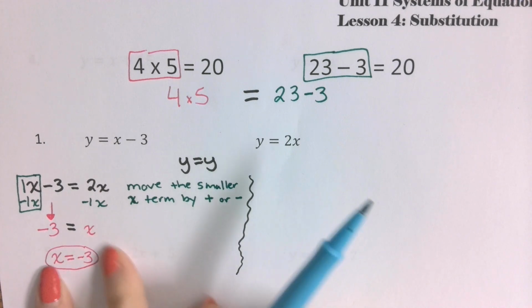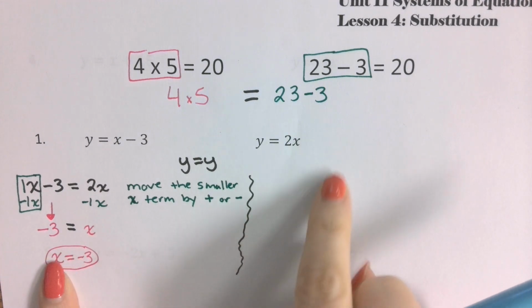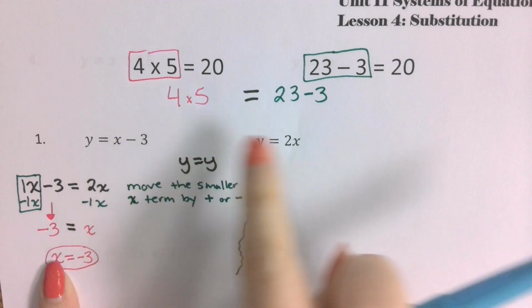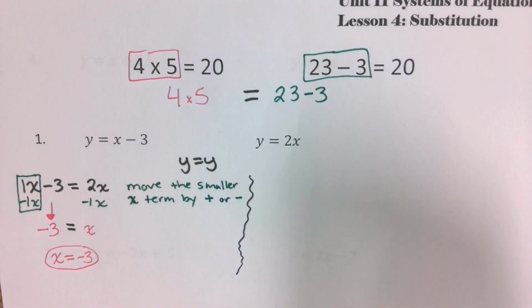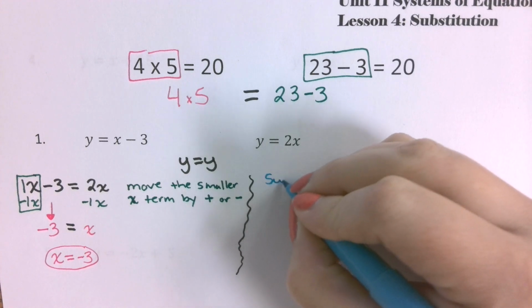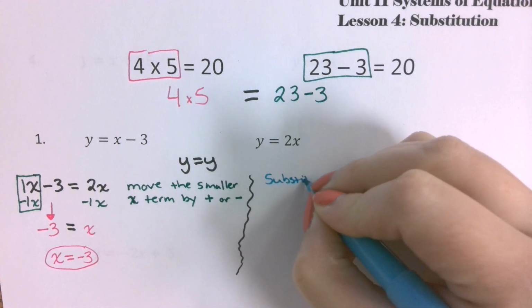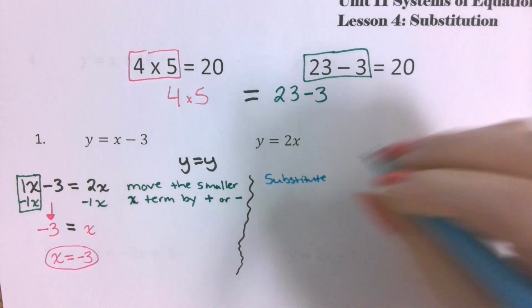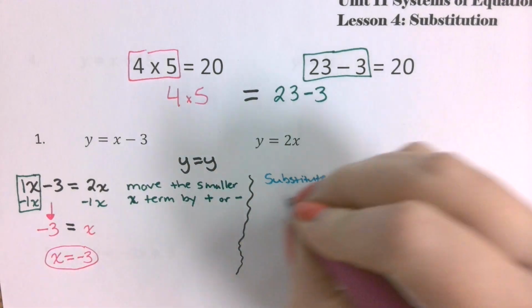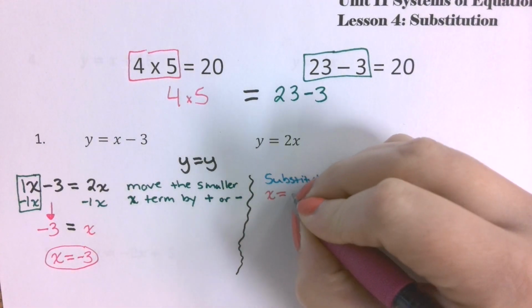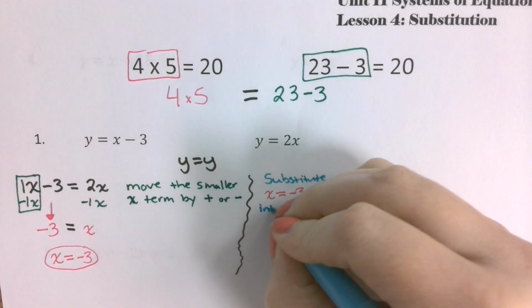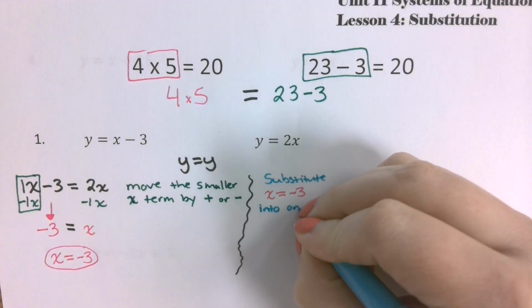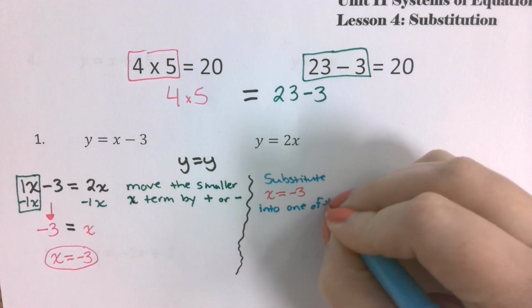Now we're going to take that x value and substitute it back into one of these equations. It does not matter which equation, you just pick one of them. So we're going to substitute the x equals -3 into one of the equations.